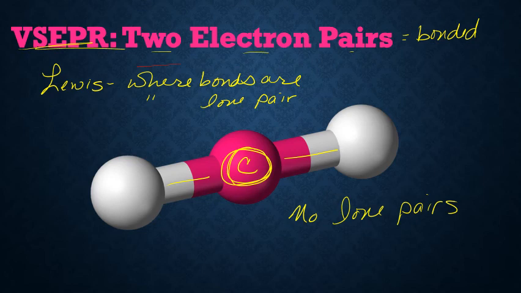So if the central atom has 2 bonds on it, no lone pairs, the shape of the molecule is linear. And we say that the bond angle is 180 degrees. If you're asking yourself, yeah, but carbon only has 2 bonds on it and it wants 4 bonds, it wants 8 electrons, that carbon's not satisfied. You are totally right, and let me show you how that works.